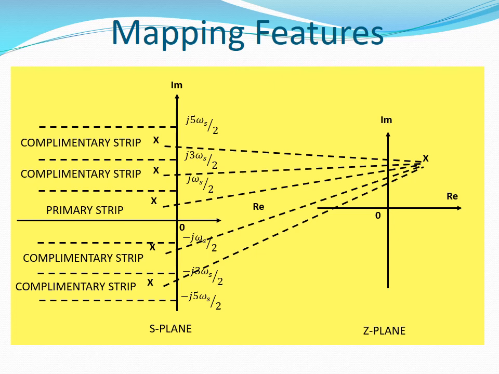In the second complementary strip, the value of n is 2, meaning that the multiple of 2 pi is 2. So we have described going in the positive direction above the real axis. We can apply the same argument for strips going in the negative direction or below the real axis. So for points below the real axis, the value of n will be negative.